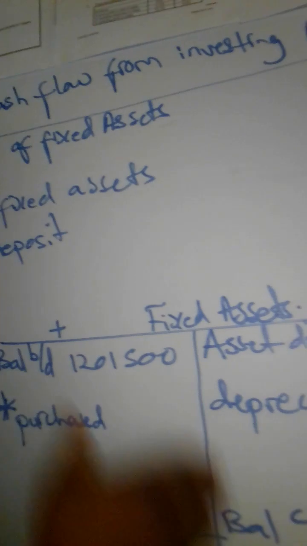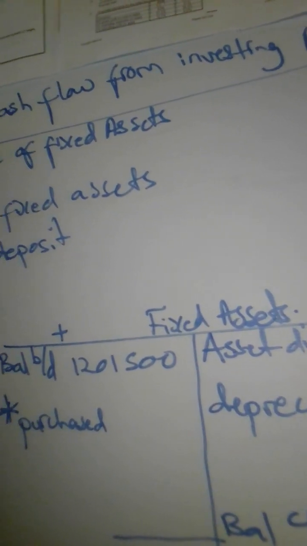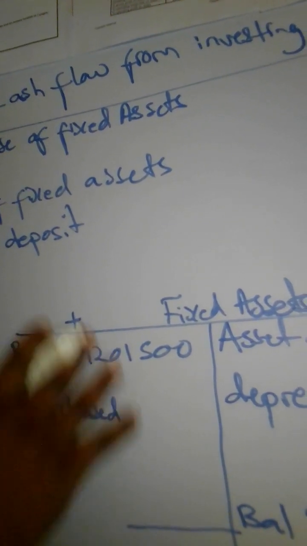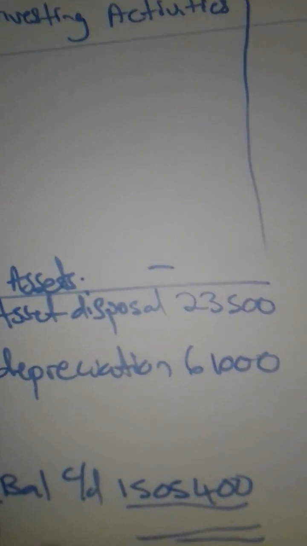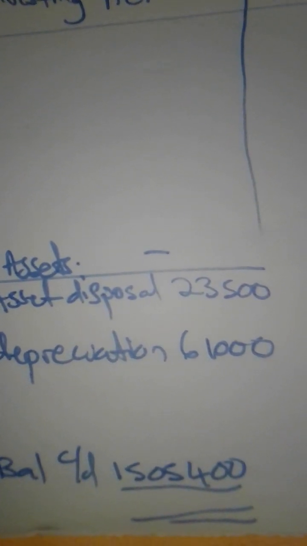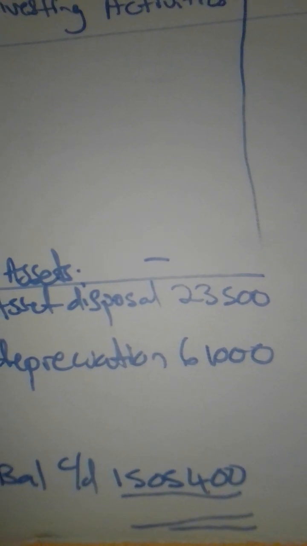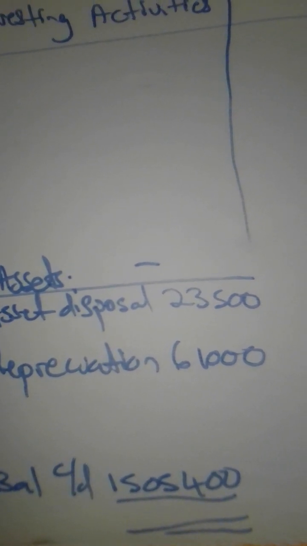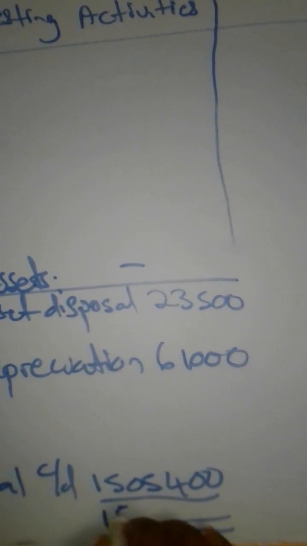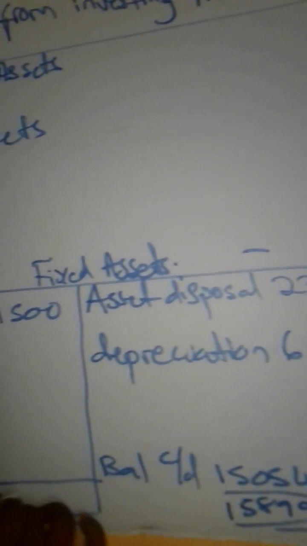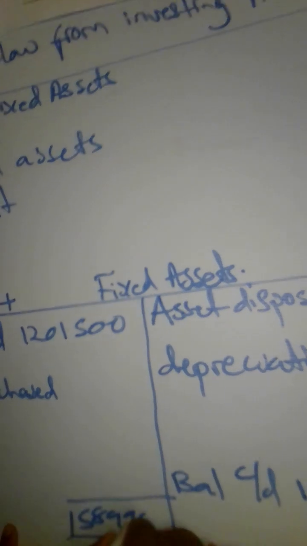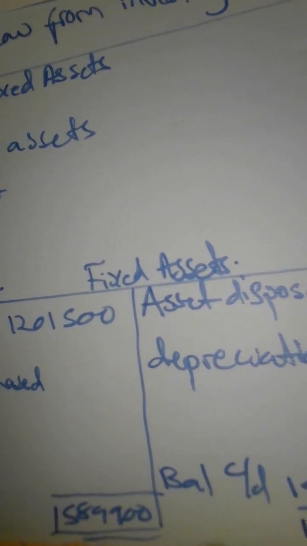We add the bigger side and subtract the smaller side. Wherever the missing figure is, that is the smaller side. So the bigger side here is the credit side. We are going to add everything on the credit side and then subtract what is on the debit side. So we'll get 1,589,900 in the total columns.